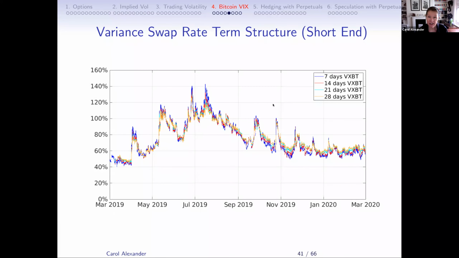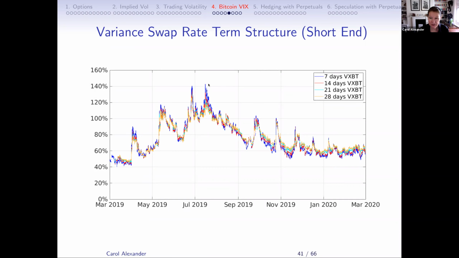This is the short end of the variance swap rate term structure, and you can see it goes through periods of backwardation and contango, just like most term structures on variance swaps. The same with the VIX. At the moment, the VIX has just jumped up, so we would expect backwardation if you looked at not just the 30-day VIX, but 10-day or 20-day and so forth.